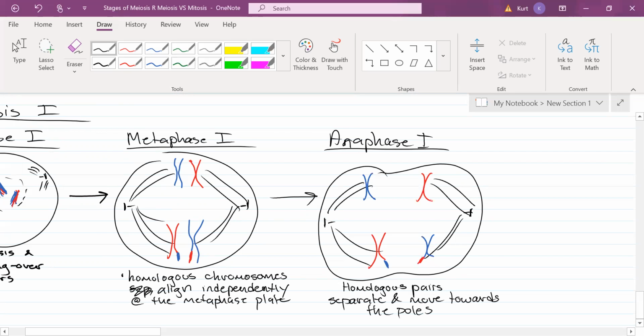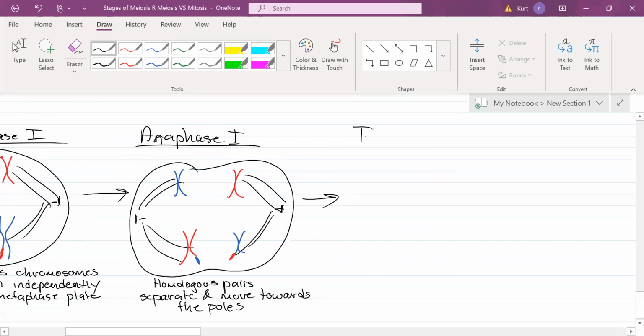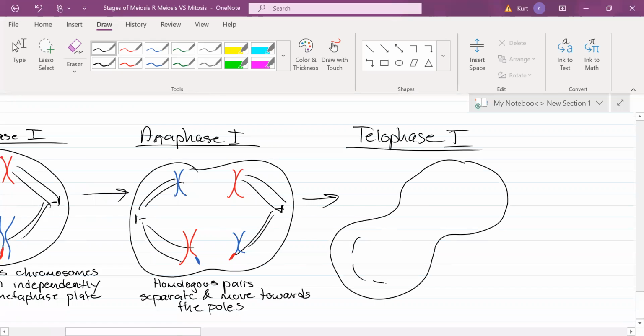Okay, it says anaphase 1. Let's move on to telophase 1. You've got a nuclear envelope starting to reform. Okay.